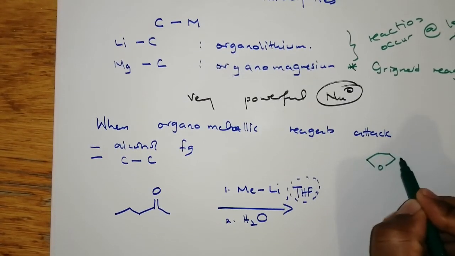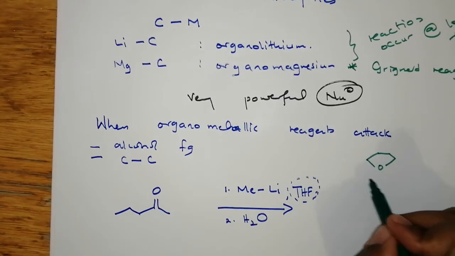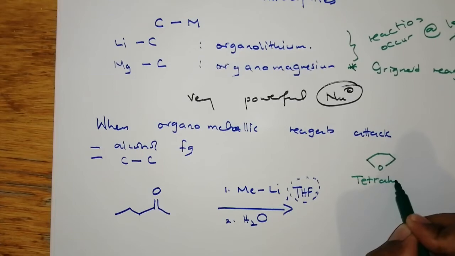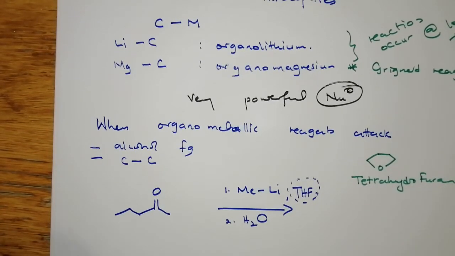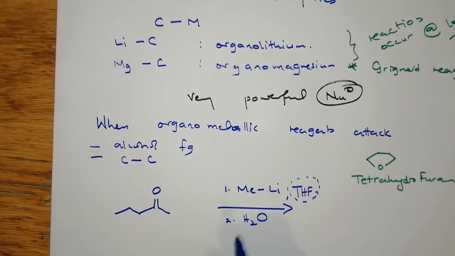There are 1, 2, 3, 4 carbons, and it's called tetrahydrofuran. This is THF. Obviously this occurs at very low temperatures, let's say minus 78 degrees Celsius.